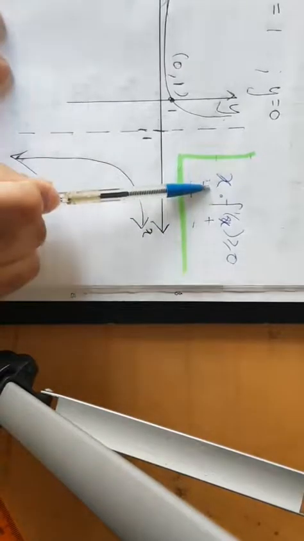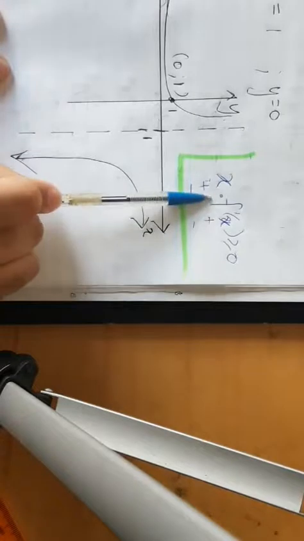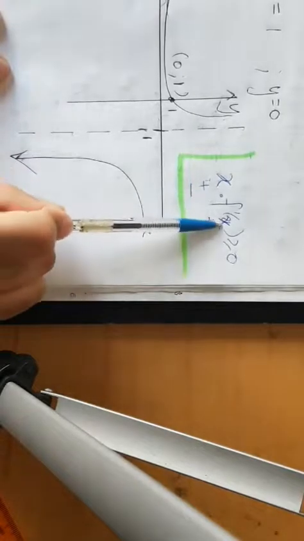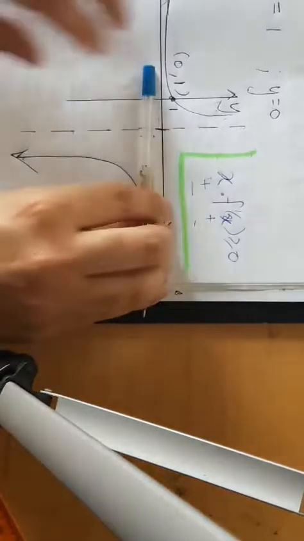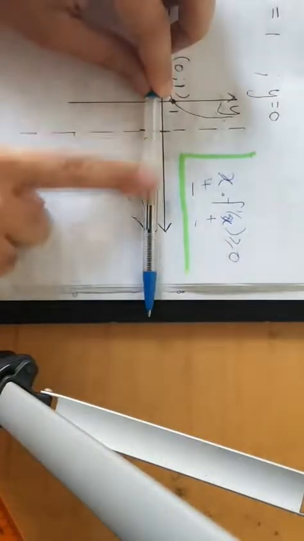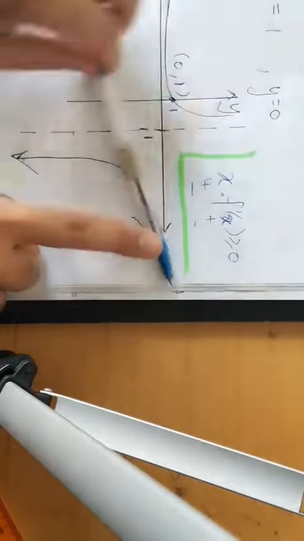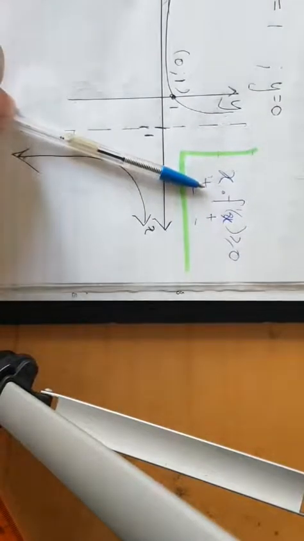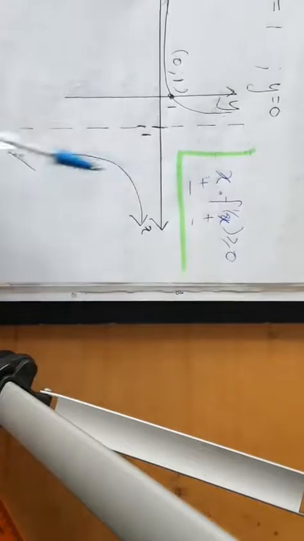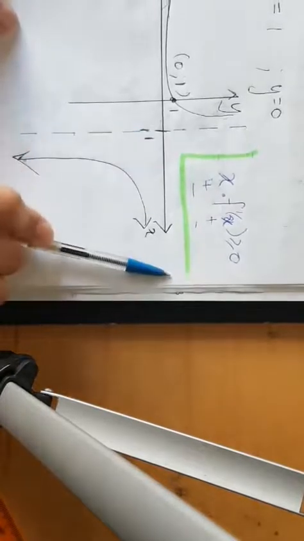So if I multiply any positive x value with a gradient that is positive or 0, it works. Remember, if the tangent looks like this, then the gradient is 0, but if the tangent is like this, then it's positive. So it's going to be all the x values to that side.